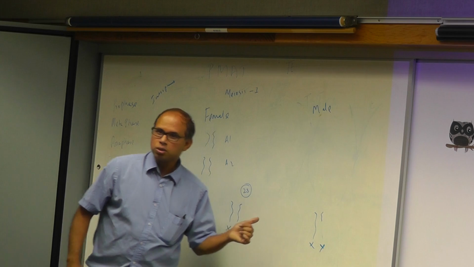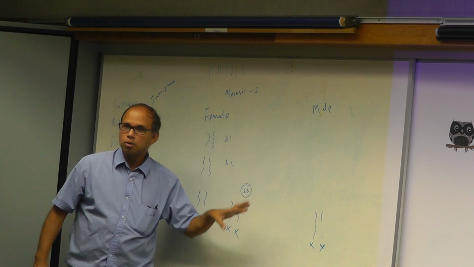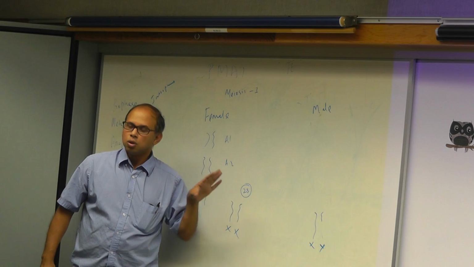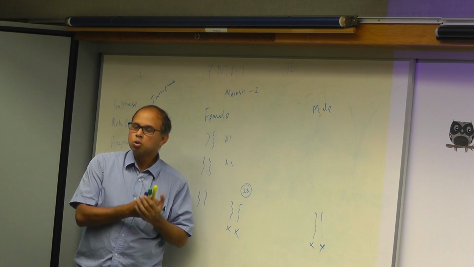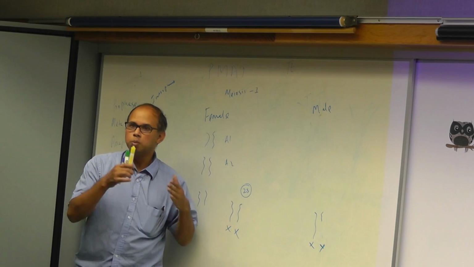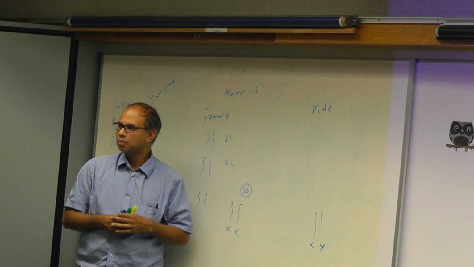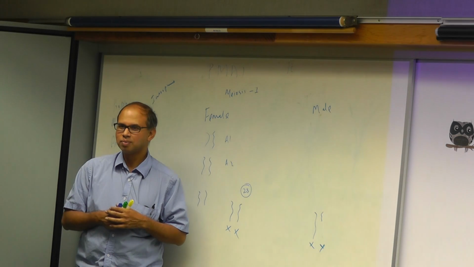Now that you know meiosis and now that you know about this 23rd chromosome, tell me, when you have a child, is it the father's chromosome or the mother's chromosome that determines whether the child would be a male or a female, and why? I want somebody else to answer.